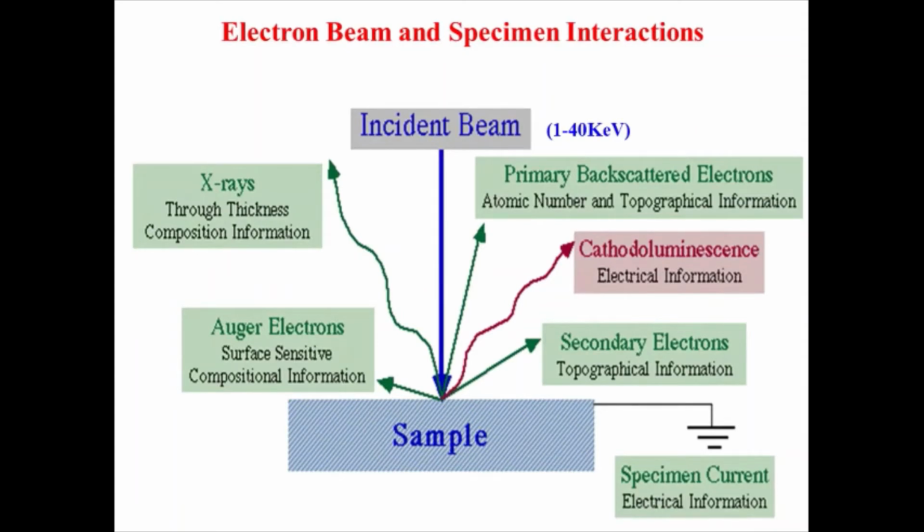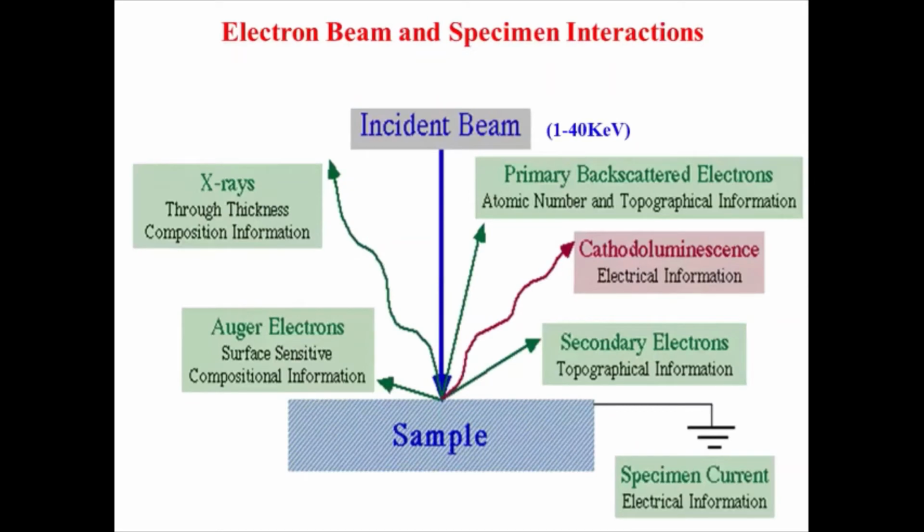There is a primary backscattered electron, secondary electrons, then characteristic Auger electrons, then you have emission of X-rays, you have also emission of visible photons, that is cathodoluminescence, and finally you also measure the charge received on the sample, because electrons are charged particles, so that is called sample current. So every kind of interaction gives you valuable information.